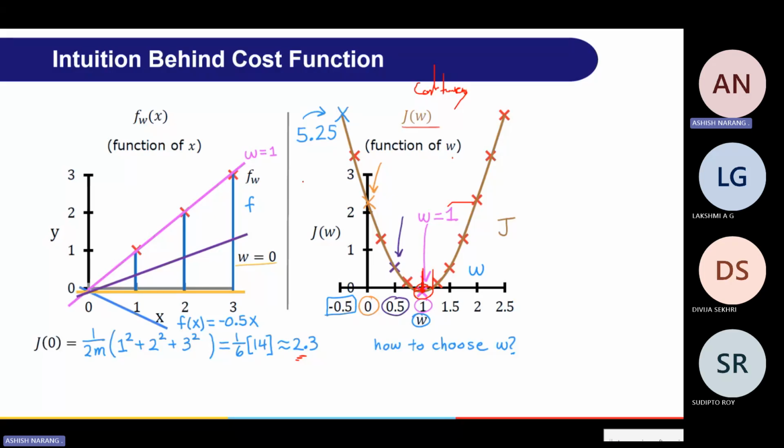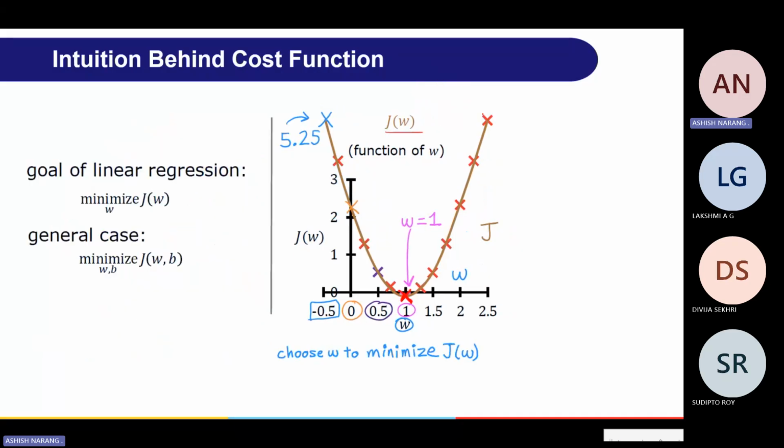So if I vary this, taking W as 0.5, 1.5, 2.5, this is what I will get. This is being shown because this is a bowl-shaped function.